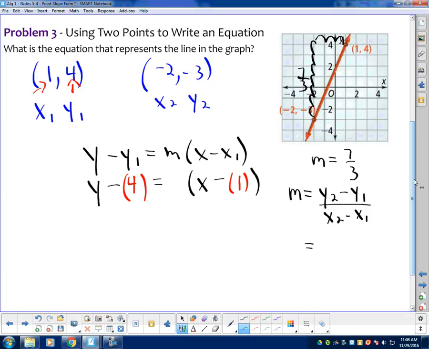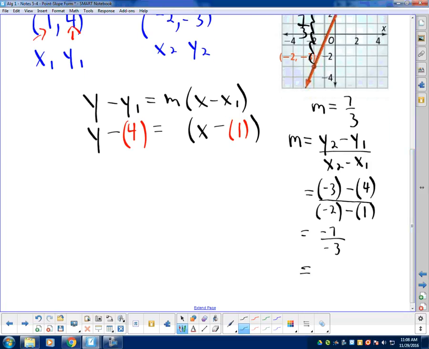I have labeled y2 as -3, so put -3 in for y2. y1 is 4. x2 is -2. And x1 is 1. So if I simplify this, -3 minus 4 is -7. -2 minus 1 is -3. And because I have a negative over a negative, that is a positive 7/3.